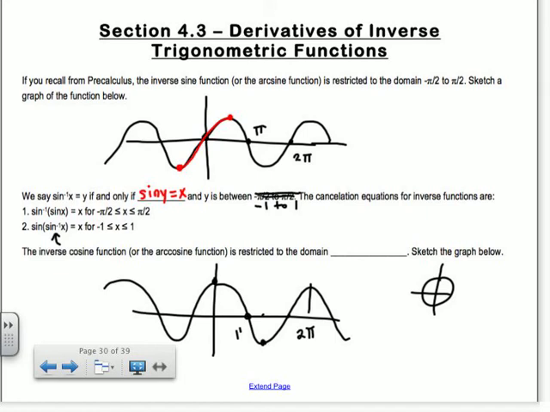So cosine of pi is negative 1. It's down here. This is pi over 2. That's pi over 3.